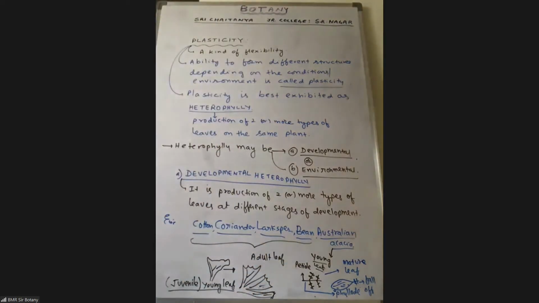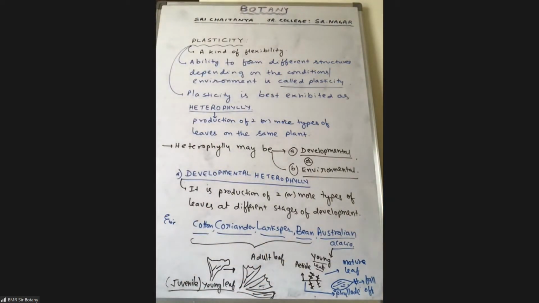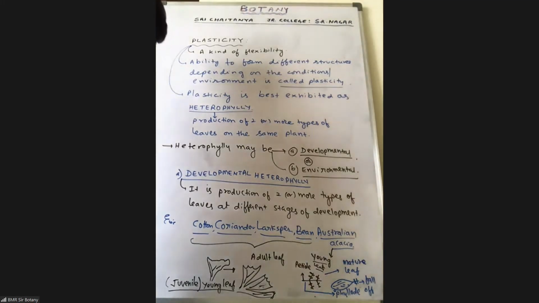When young, one type; when old, another type. In cotton, coriander, larkspur, and bean, and Australian acacia also, young one type, mature leaf another type. That is developmental heterophily.